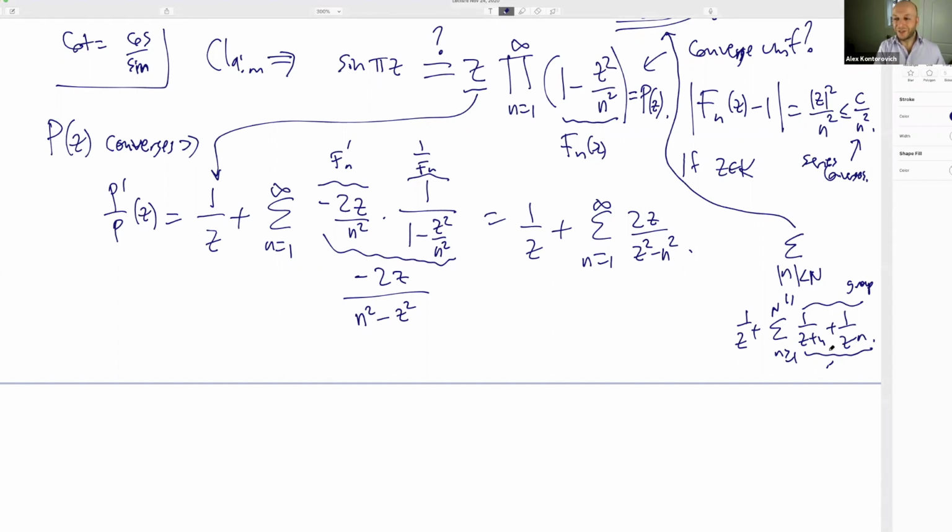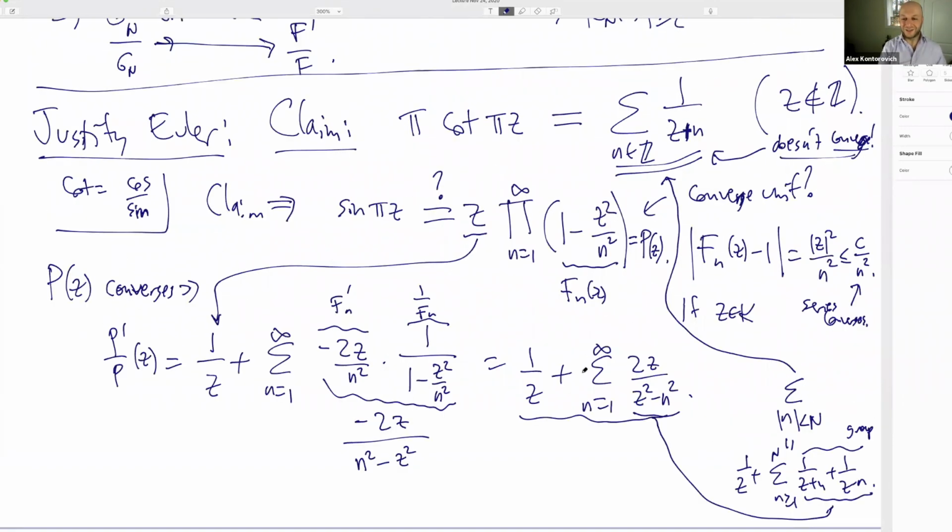So what happens to this 1 over z plus n plus 1 over z minus n? What does that simplify to, Kayla? 2z over z squared minus n squared. Perfect. Okay, so this function here is exactly the thing that's on this side. What about this?